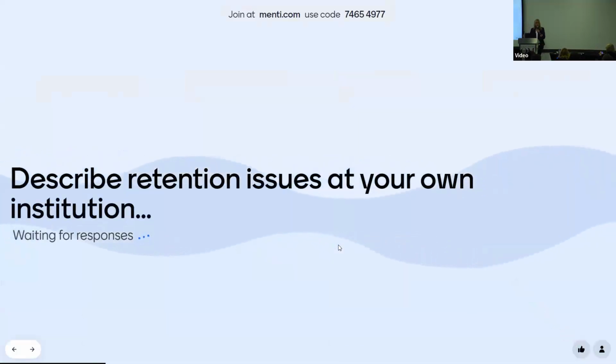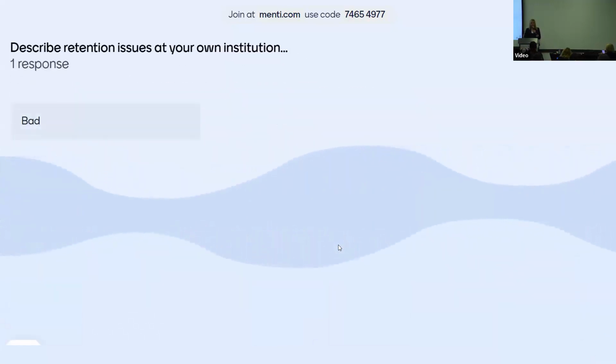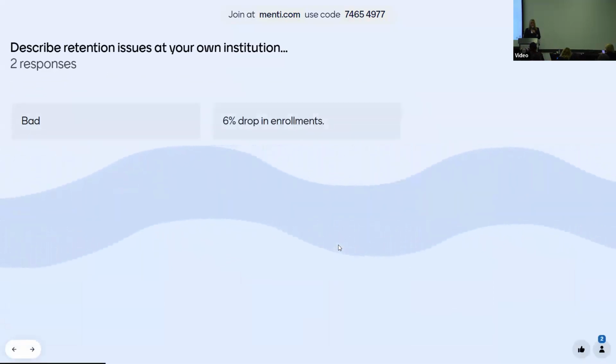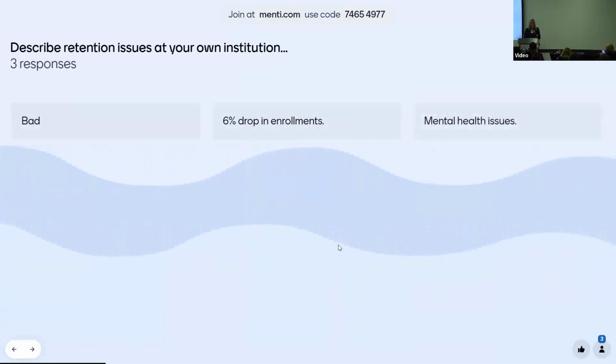So just real quick, since you're still in Menti, describe retention issues at your own institution. Oh, yes, yes. And there's a lot. I don't know any institution that doesn't. Okay, bad. There you go. 6% drop in enrollments. Yep. Mental health issues.